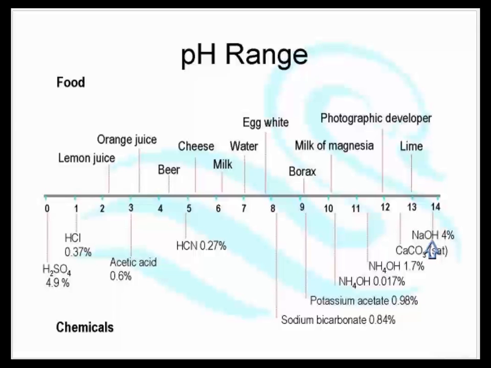I can't remember what that's called. Drain unblocker. No, what is it? No, I can't remember the name of it. But these are all the alkalis or the bases. The rule still applies. The further you are from 7, the more it will burn you.